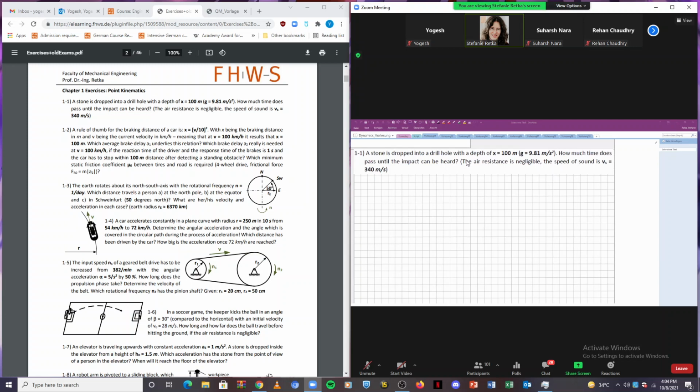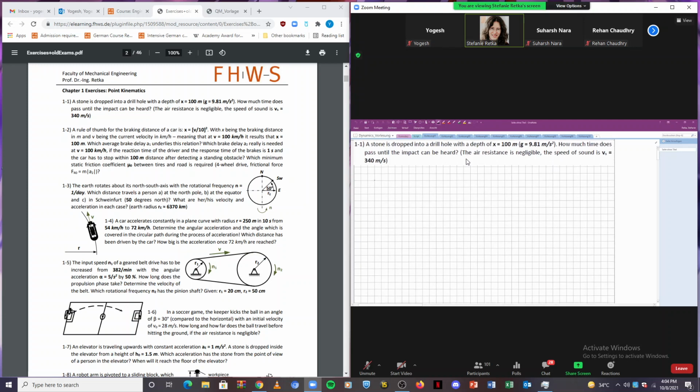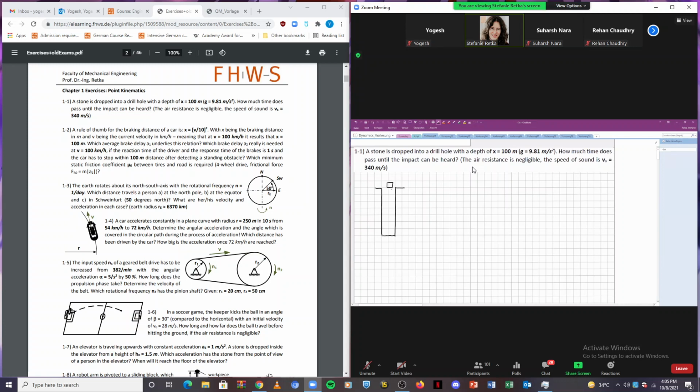So what situation do we have? We have this drill hole, and we have a stone right here. The drill hole has a depth of 100 meters.